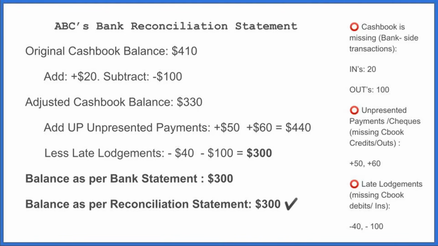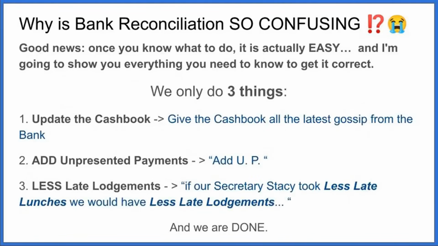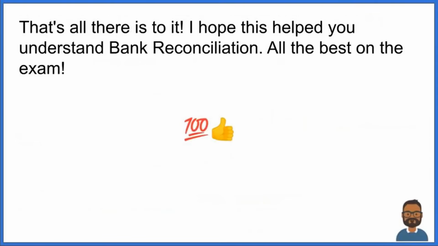And basically, that's what you want to do. So again, you just need to remember that you only need to do these 3 steps, which are updating the cash book balance by adding the ins and outs that were unknown, by adding up the unpresented payments, and by doing less late lodgements, right? And that's pretty much BankRec.